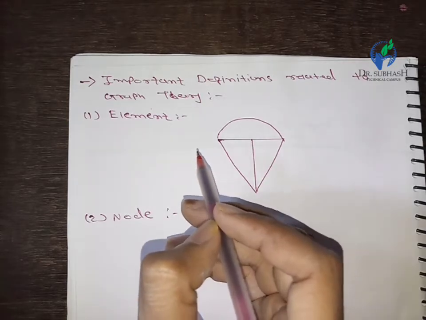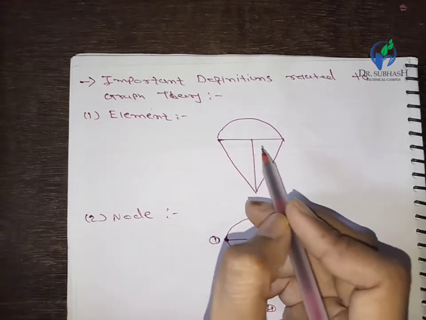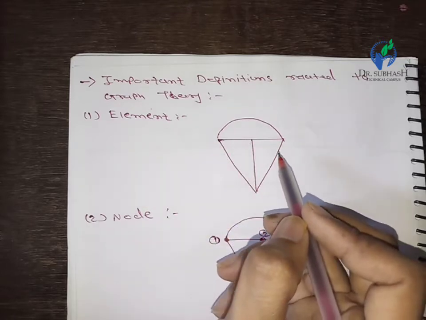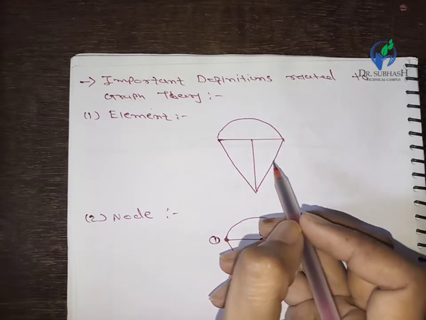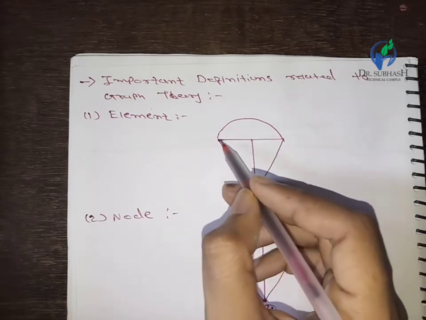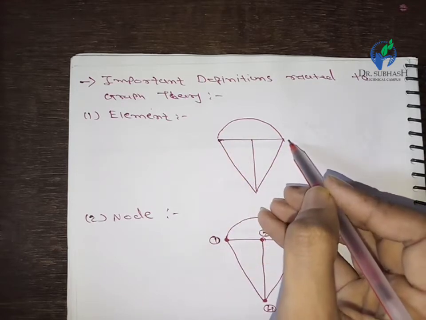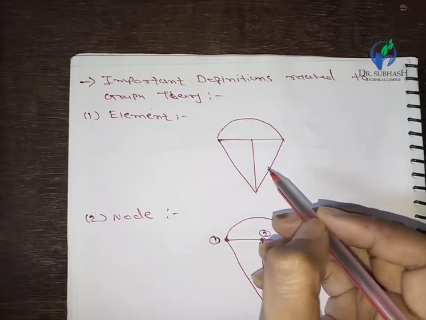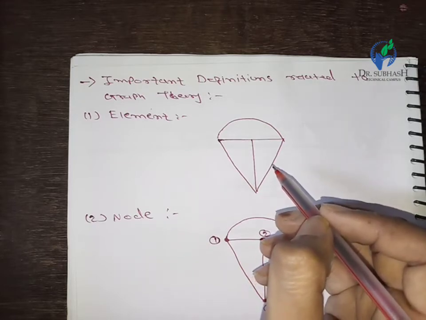Each line segment is called an element. Each voltage source is replaced by a short circuit. Each current source is replaced by an open circuit.